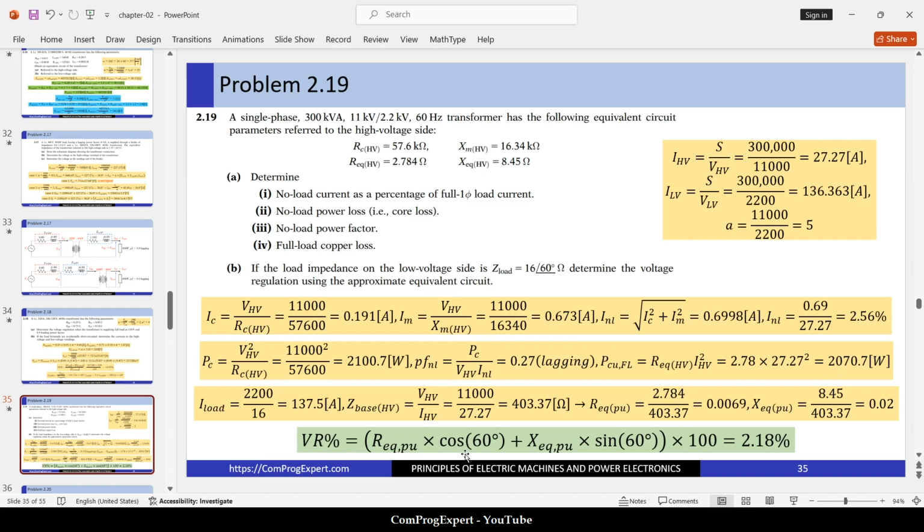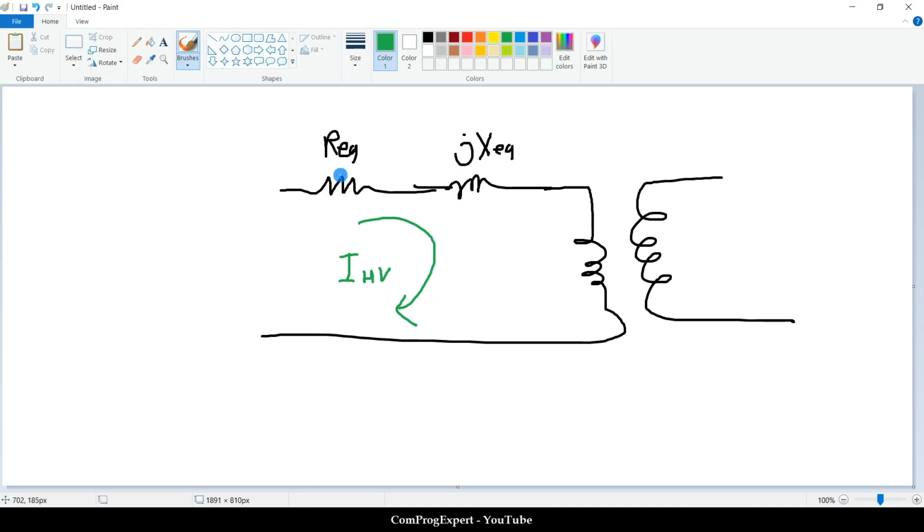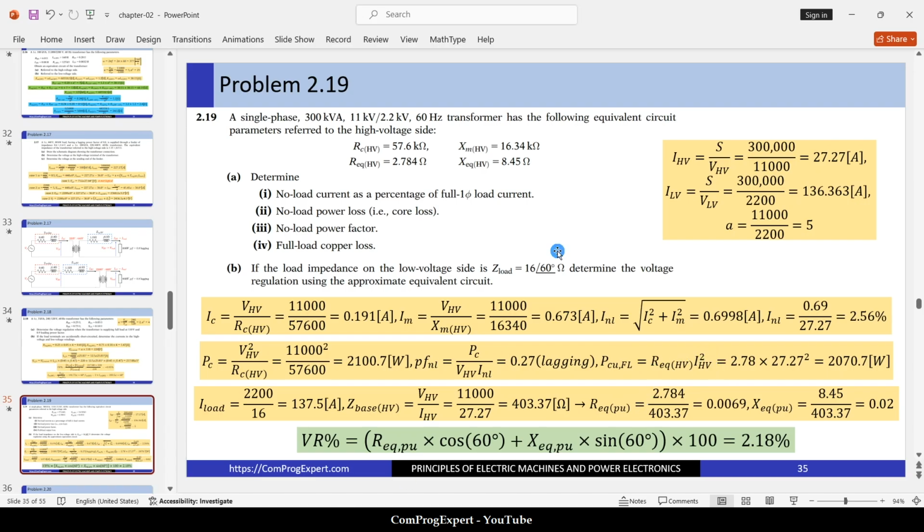Is this one. We calculated it here. Finally, we can calculate the full load copper loss, or equivalent for the high voltage side times this current to the power 2. If you replace the number, this is the right amount of the loss, around 2 kilowatts.